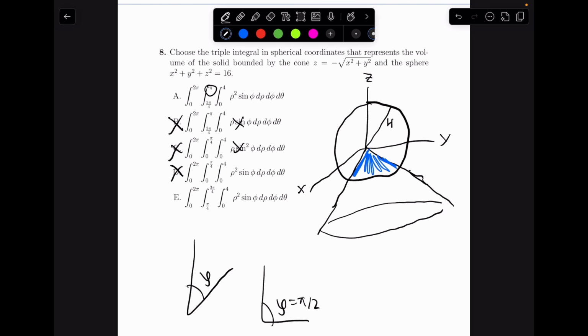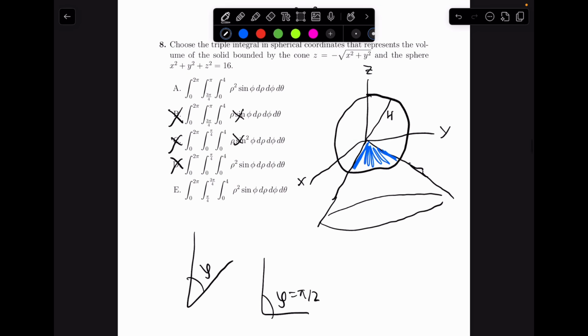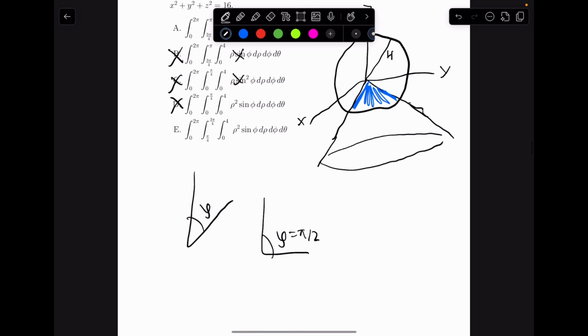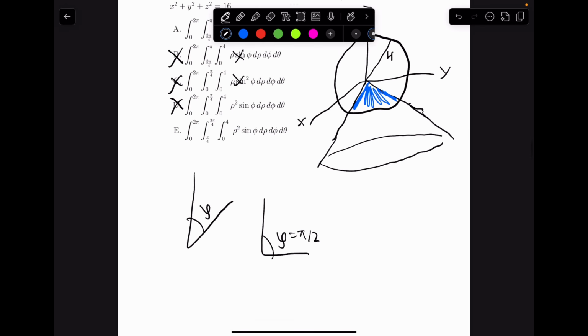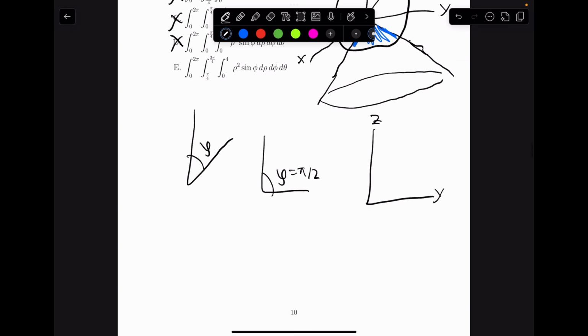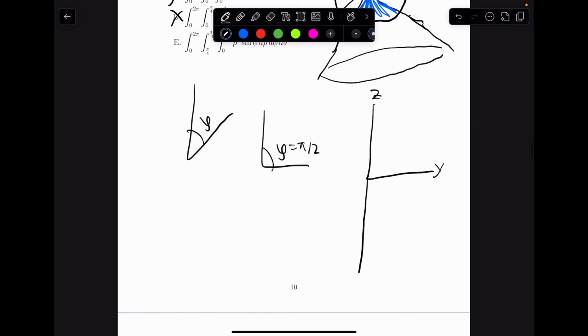Okay, actually, A is going to be our answer here. The reason is that if I draw out a ZY cross section, we have our sphere, of course, and then our cone that goes infinitely.